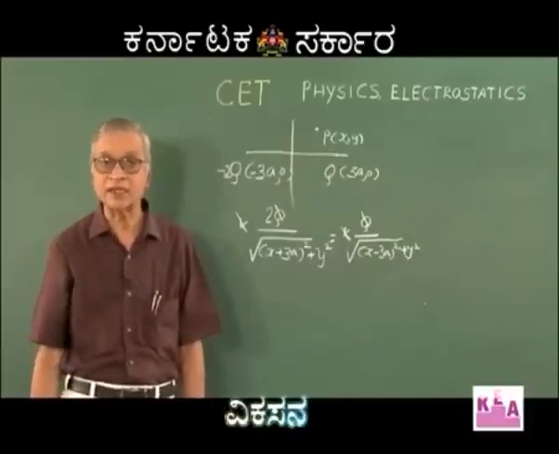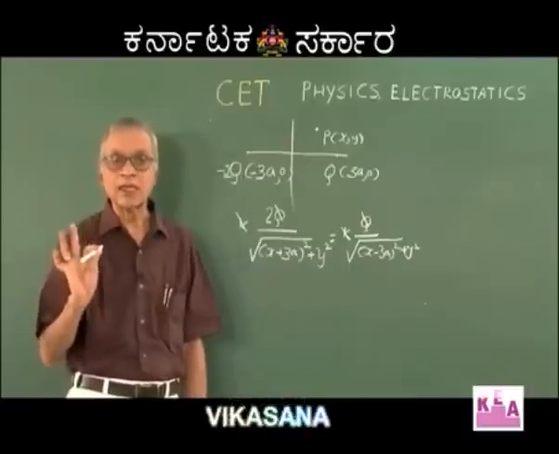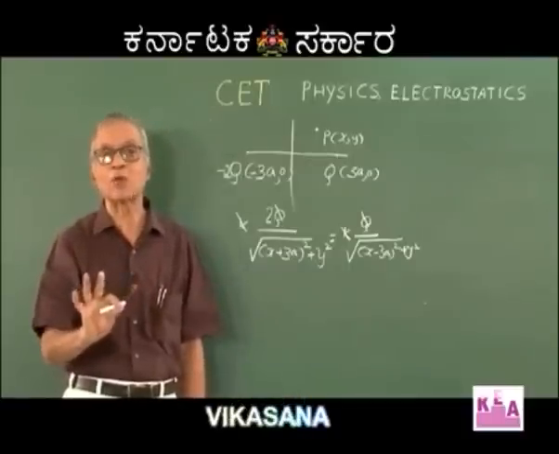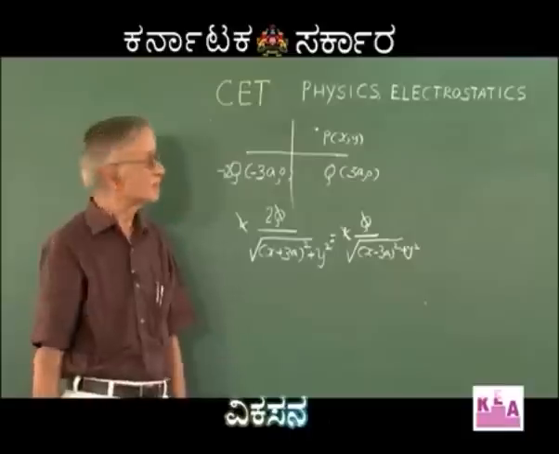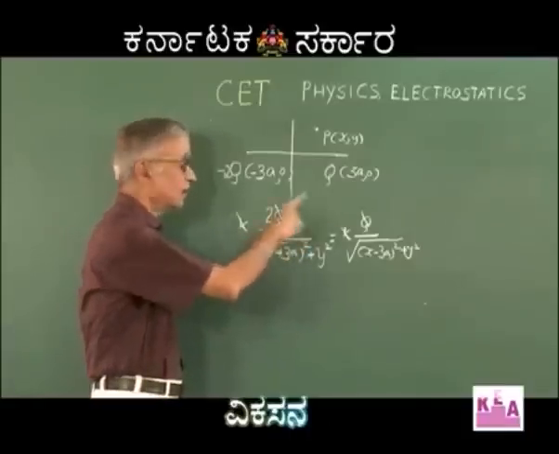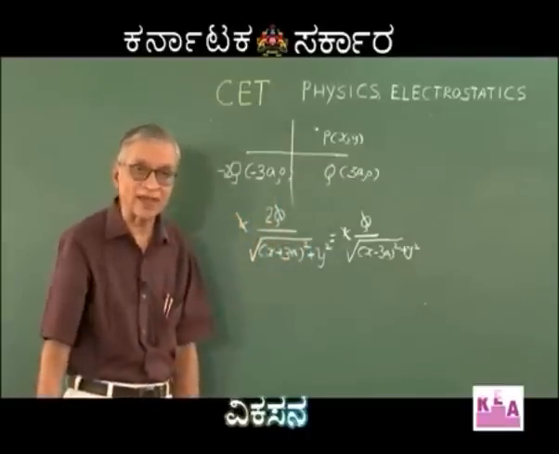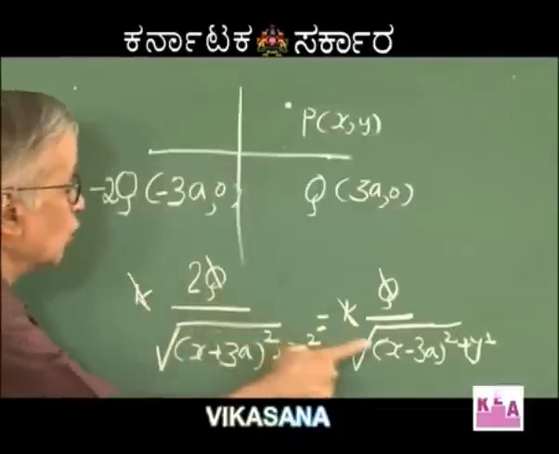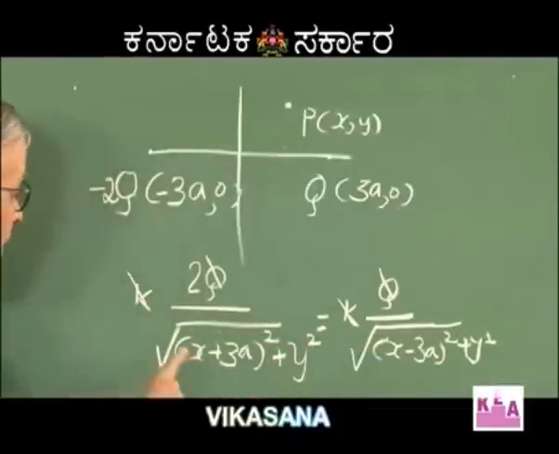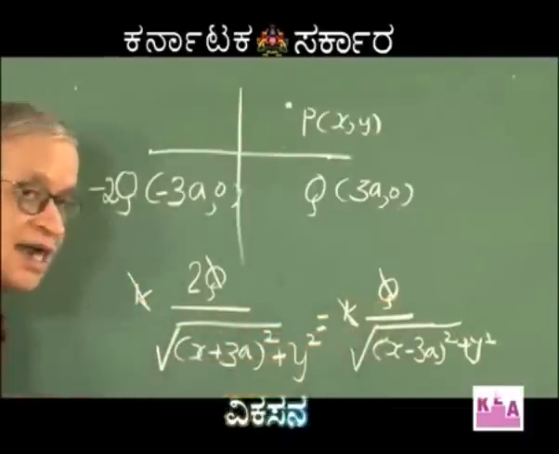But in CET, as far as possible, elaborate workings should be avoided and you have to use logic behind it. Suppose you imagine that the expressions are squared both in LHS and RHS. You get 4 into x square is 4x square. This x square will go to the right hand side.